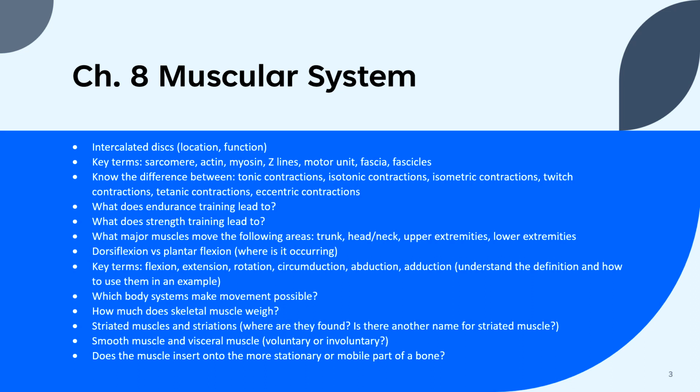Finally, isometric contractions do not produce any movement. Isometric contractions don't increase the muscle length, they occur when the muscle contracts and no movement results.